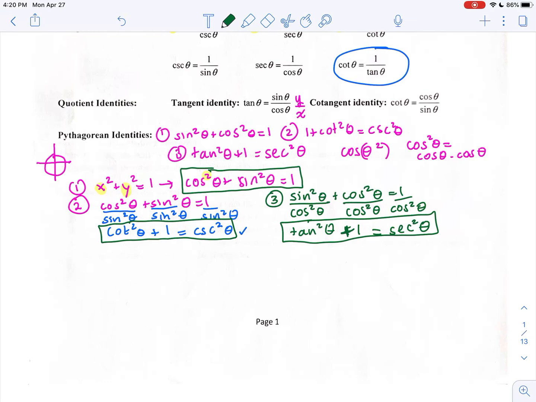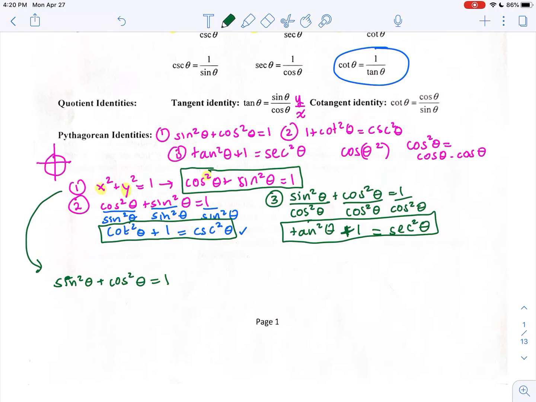When I say replace things, it means being flexible and fluid with the equations that you see there. For example, if you take the first equation and you have sine squared of theta plus cosine squared of theta, notice that I switched the two, and it still means the same thing. Sine squared plus cosine squared of theta equals 1.